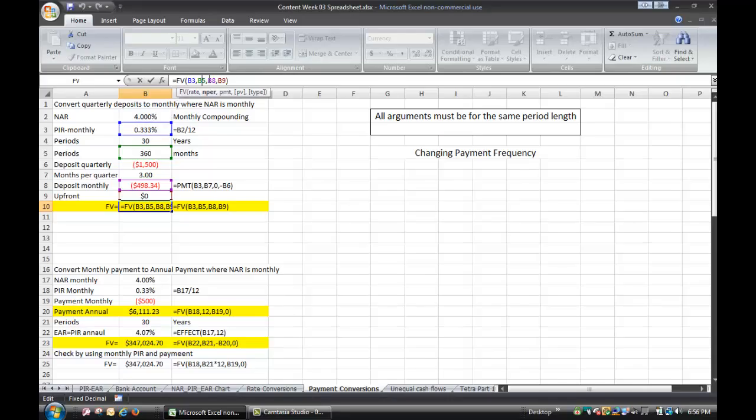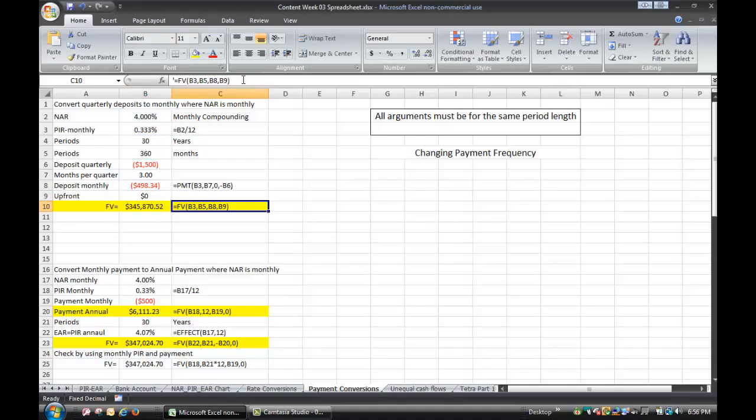B8, I can get it to click on there, is the payment, which is the $498.34, and the present value of B9 is 0. And we put that all together, and you get a future value of $345,870.52.